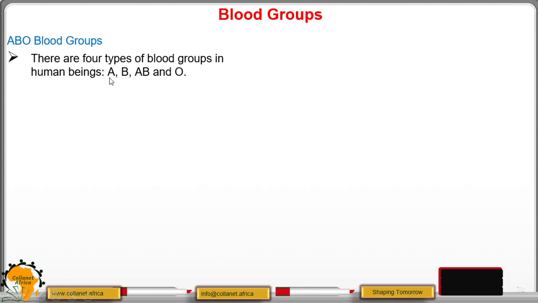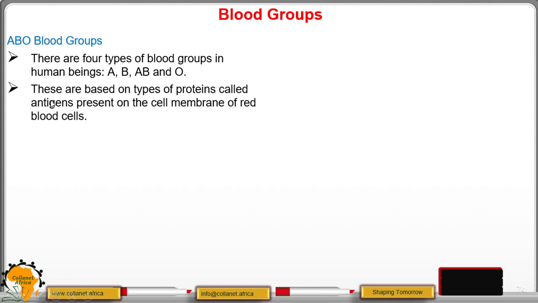That is blood group A, blood group B, blood group AB, and O. And these are based on types of proteins called antigens present on the cell membrane of the red blood cells.